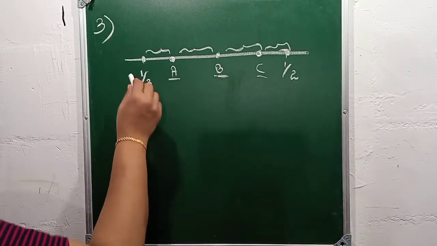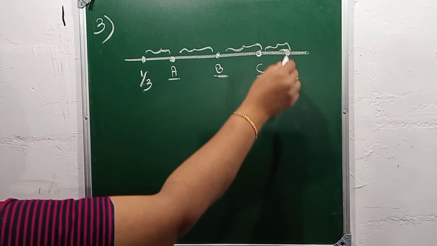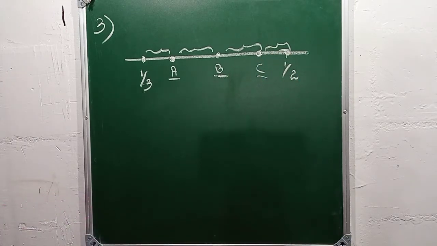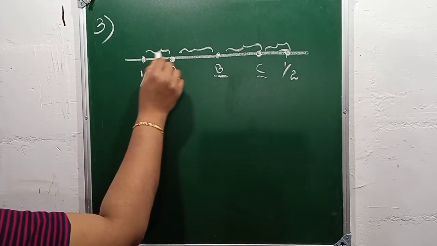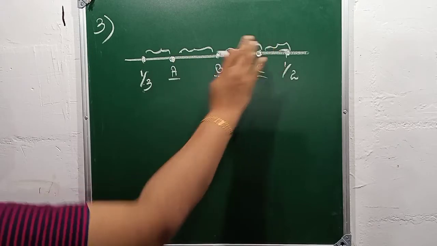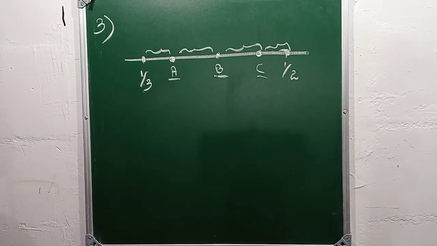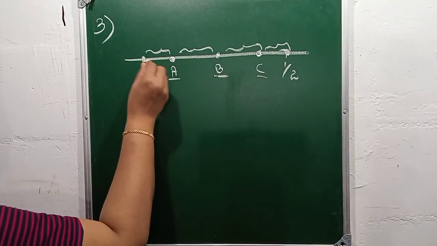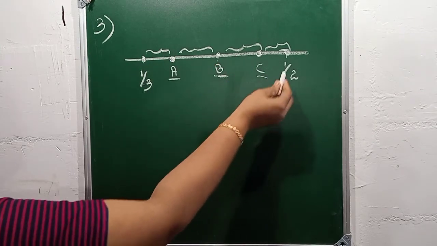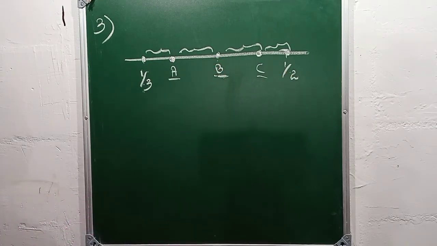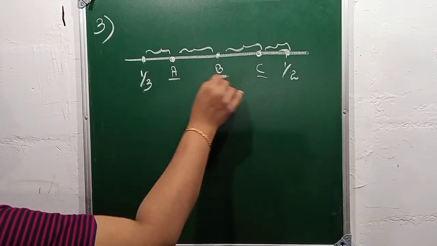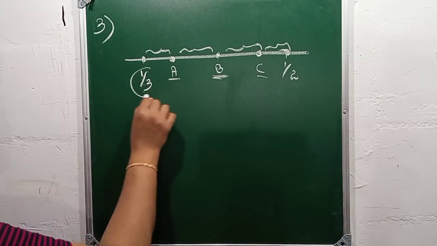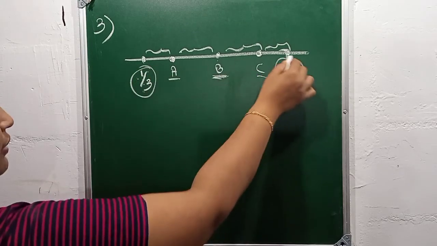Because we divide the entire space into 4 equal parts, 1 by 3 to B and 1 by 2 to B are 2 equal divisions, right? So this B is actually the midpoint of 1 by 3 and 1 by 2.